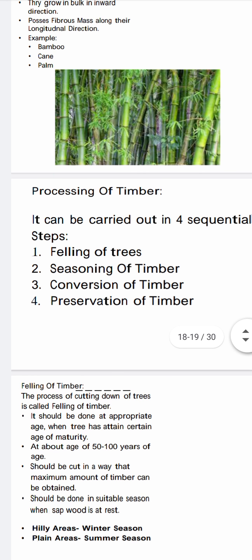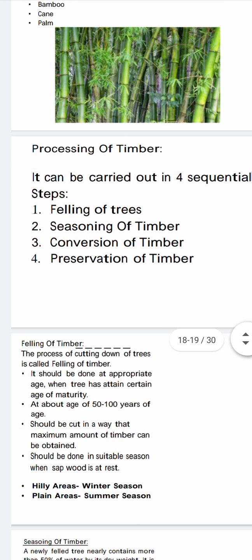Felling of timber. The process of cutting down trees is called felling of timber. It should be done at an appropriate age, when trees have attained maturity, at about 50 to 100 years of age. Trees should be cut in a way that the maximum amount of timber can be obtained.